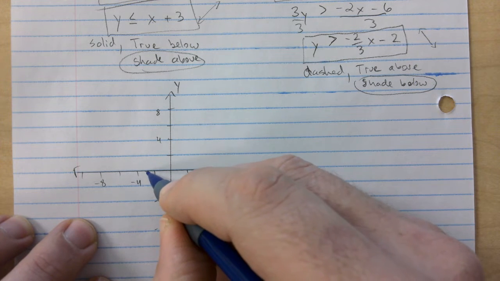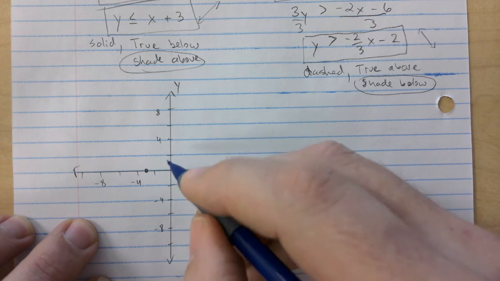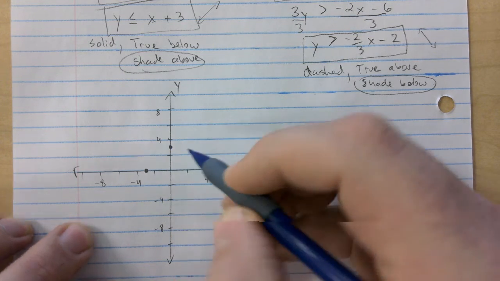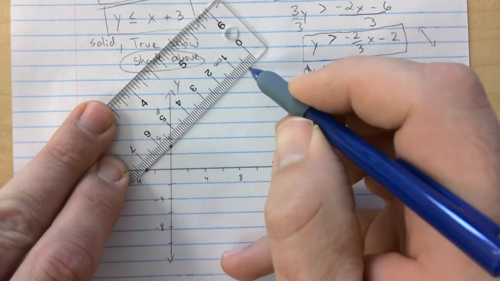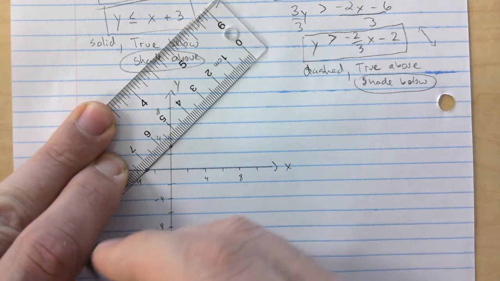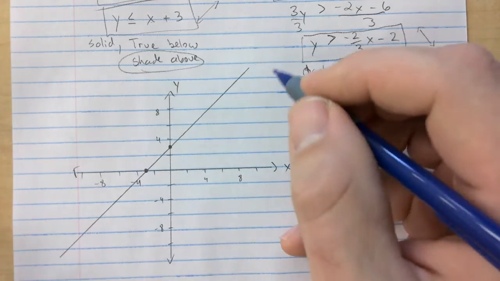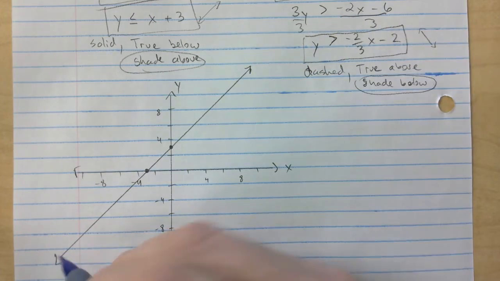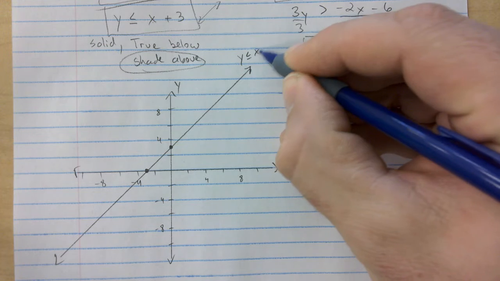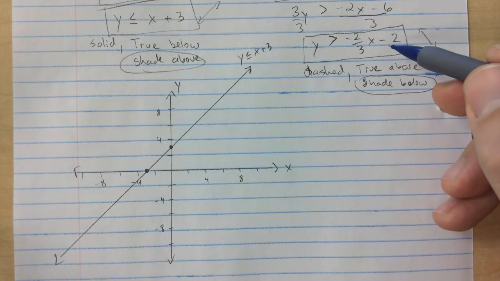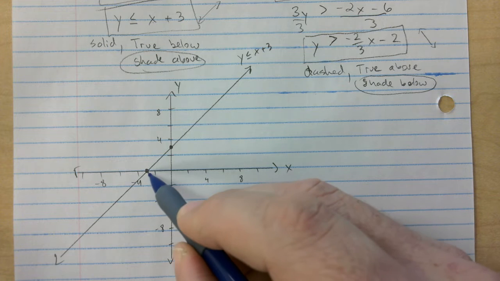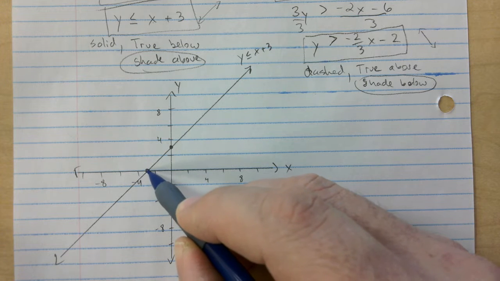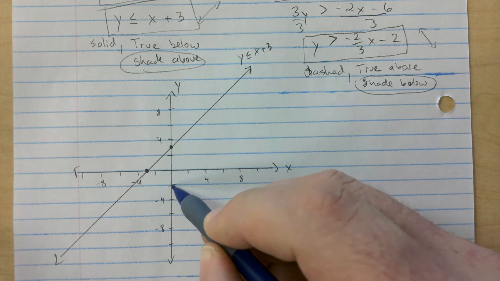-2, 3, right? -3 here. 0, 3 is there. I need you to wake up, right? Solid line. Extended right across. y is less than or equal to x plus 3. Then this one is -3, 0. So they share that. And it's 0, -2 right here.